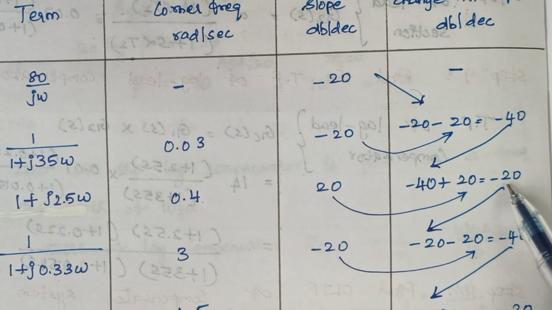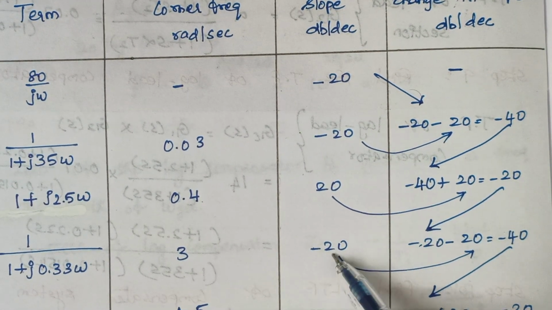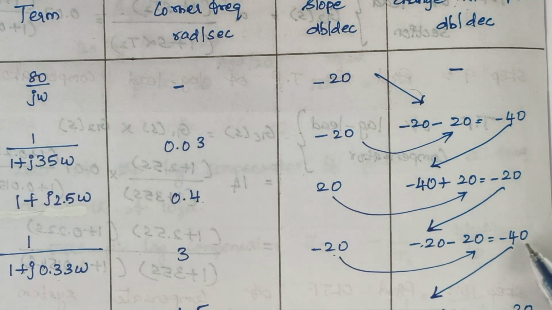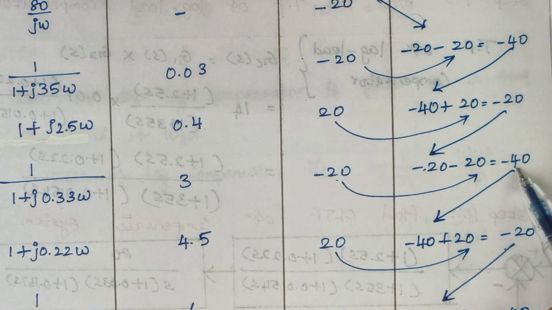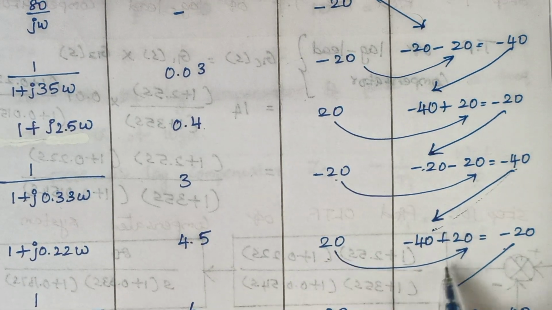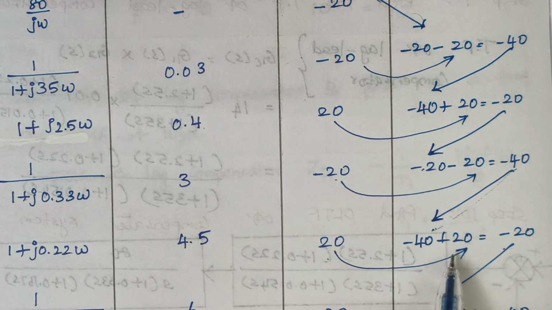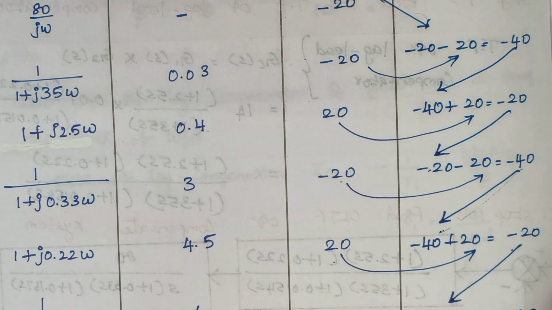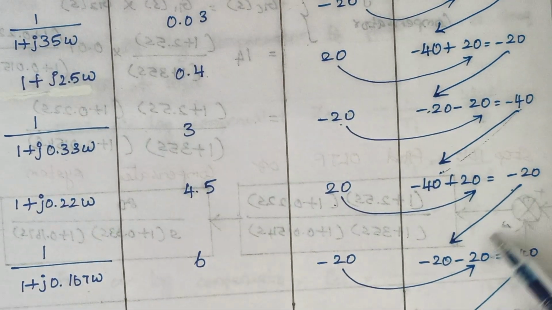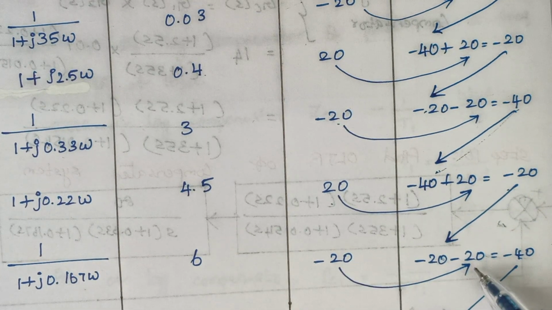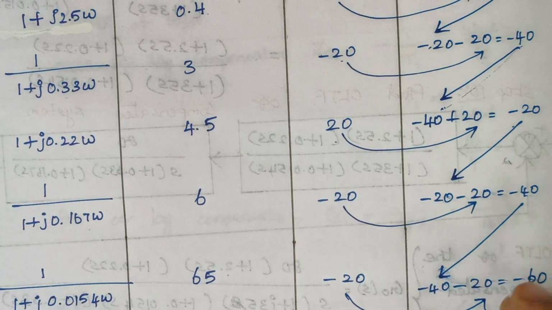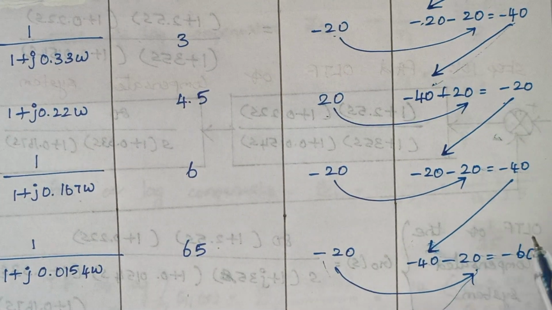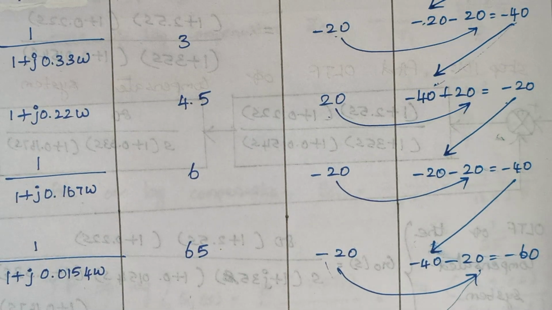Again we move this minus 20 here and this minus 20 to the right hand side, which gives minus 40. Then we move this minus 40 downwards and this plus 20 to the right hand side, so minus 40 plus 20 gives minus 20. Again this minus 20 and the next minus 20 give minus 40, and finally when we move this minus 40 downward and this minus 20 to the right hand side, that gives a change of slope of minus 60.